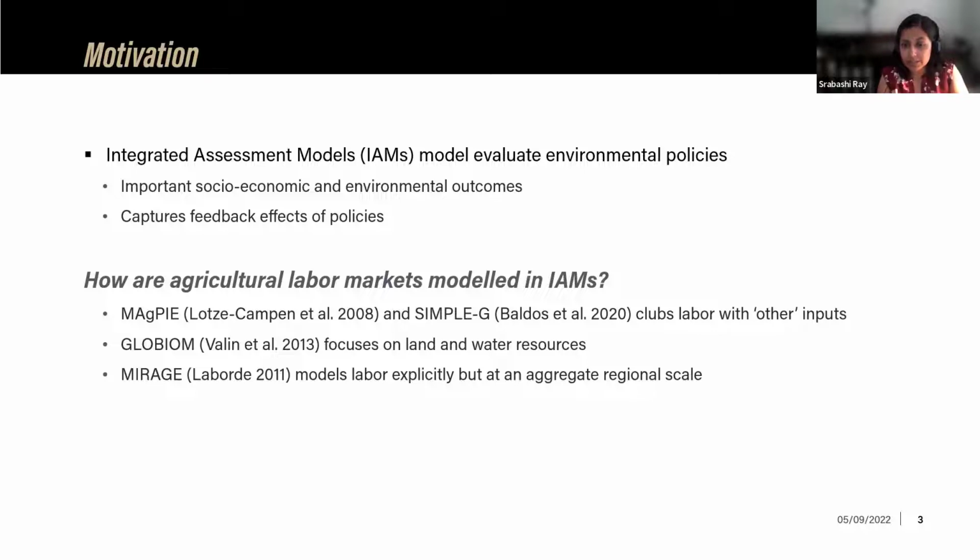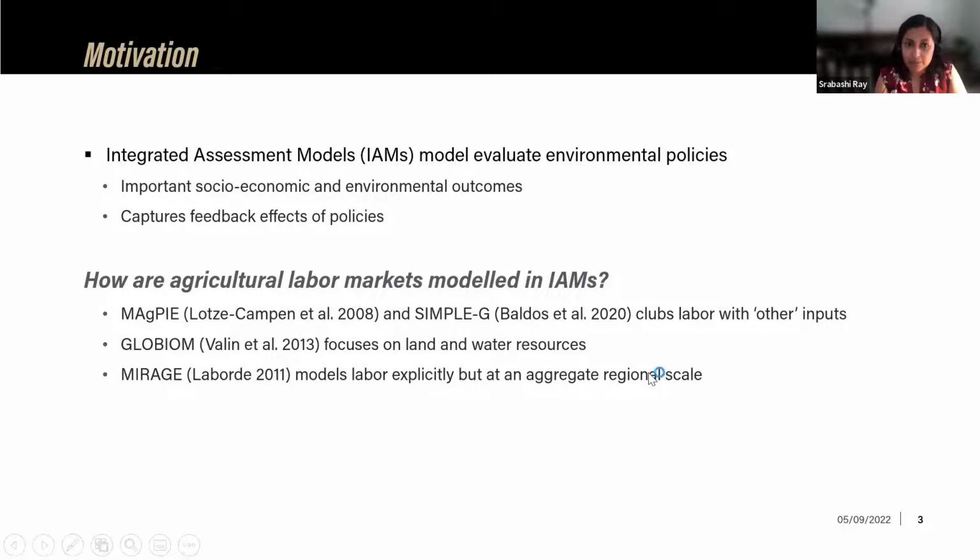The assumption assigned to that group is that all inputs are perfectly mobile, very easy to move from one point of production to another geographically, and costless to hire or fire. That also implies that it is costless to hire or fire agricultural workers. In the next slide, I'll talk about why that assumption might not hold up anymore.